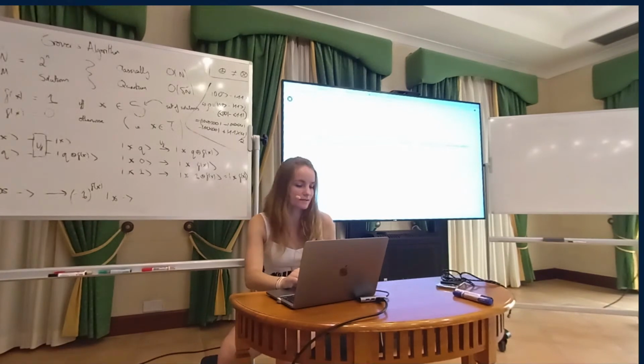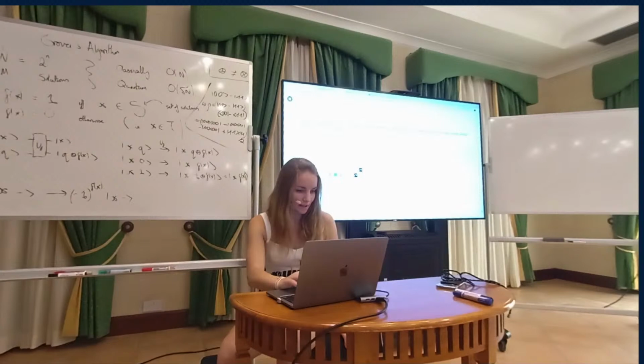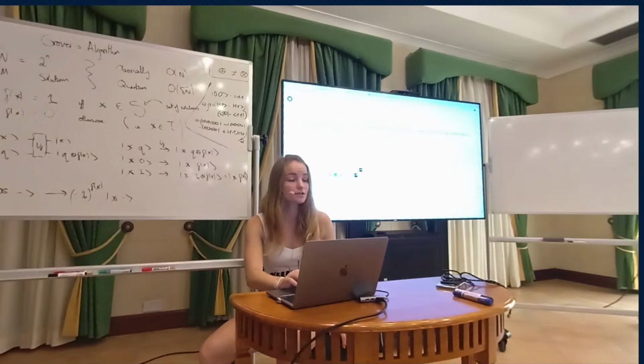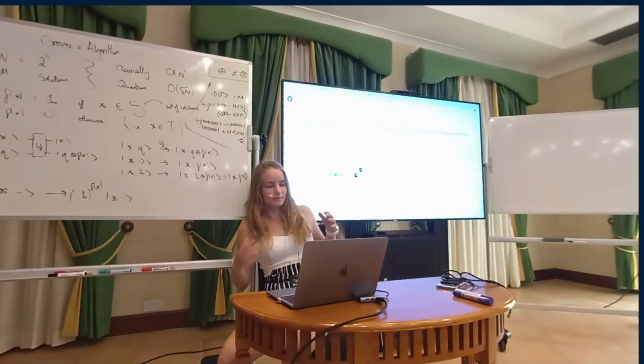So what we need to do first is transpile our circuit so that it is specific to our backend and only consists of gates that we can actually directly implement. So if we do that with the circuit we had before, we can see that instead of the Hadamard gate, we now have a rotation around Z, then a square root of X gate, and another rotation around Z. The good thing is these rotations around Z are actually for free in the sense that Z rotations are implemented on IBM by a rotation of the frame, basically.